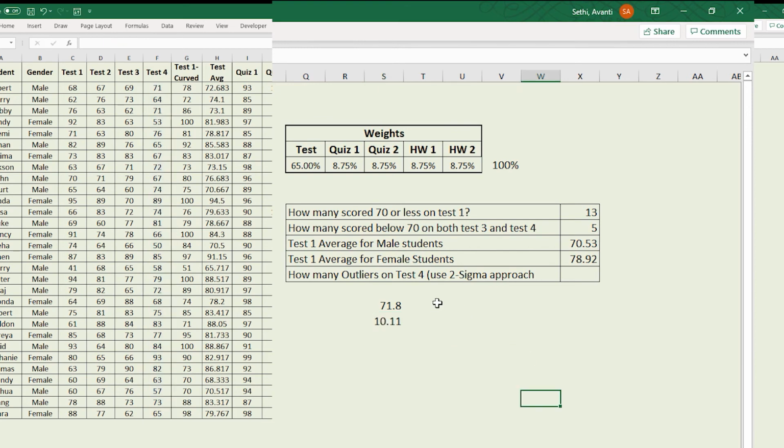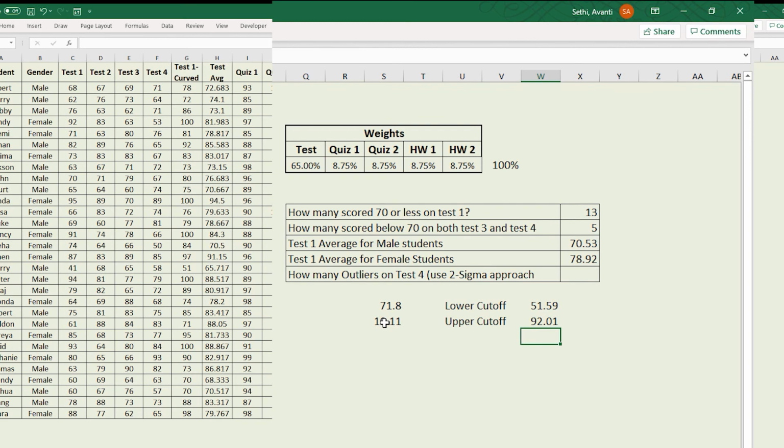That gives 10.11. Now our lower cutoff, that will be the mean minus 2 sigmas. We're going to use the 2 sigma approach. So equal to mean minus 2 times sigma, and then the upper cutoff.